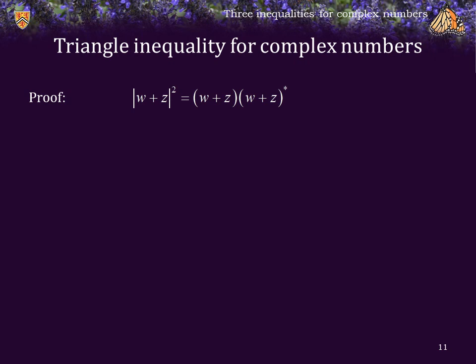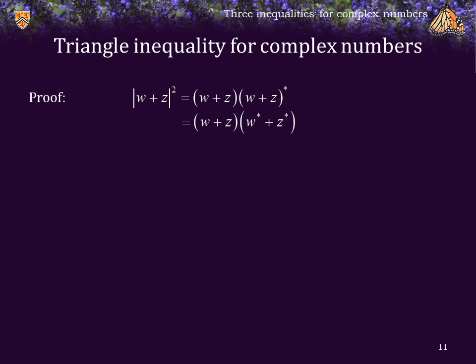By definition, the magnitude of w plus z all squared is w plus z times the conjugate of w plus z. All right. Now you'll also remember that the conjugate of a sum is the sum of the conjugates.